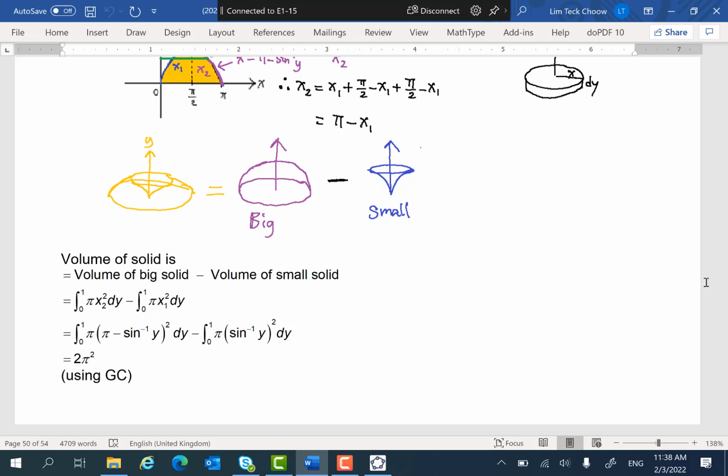It says for a given x, I imagine that this section of the graph is rotated about the y-axis. Okay, so it is rotated about the y-axis, right? It will form something like this.